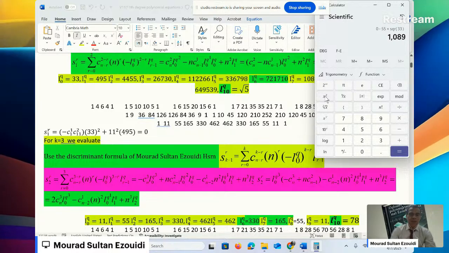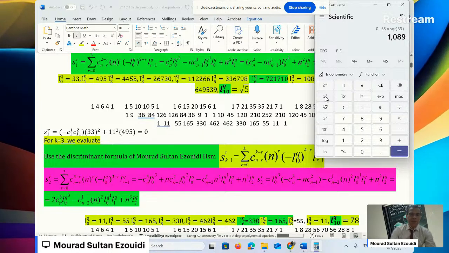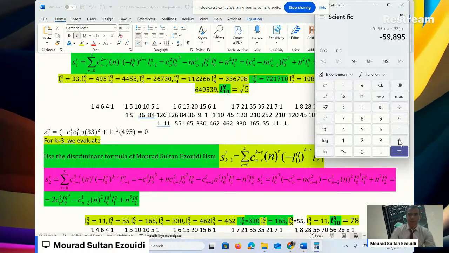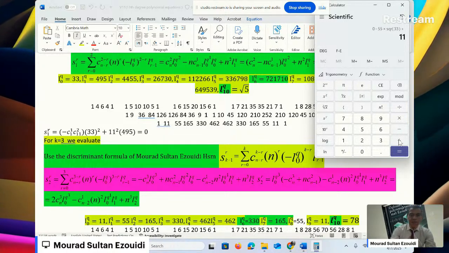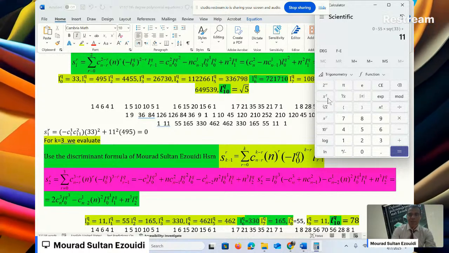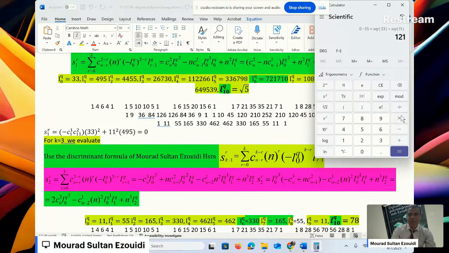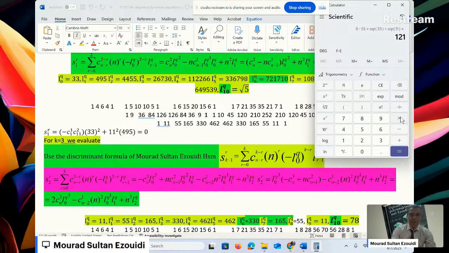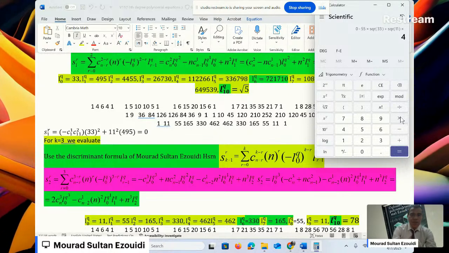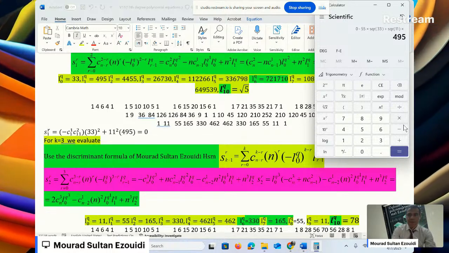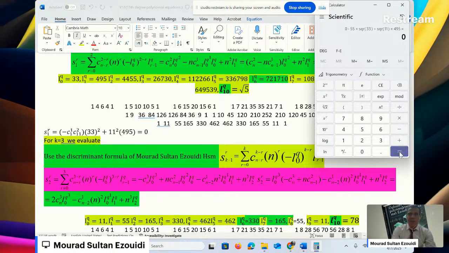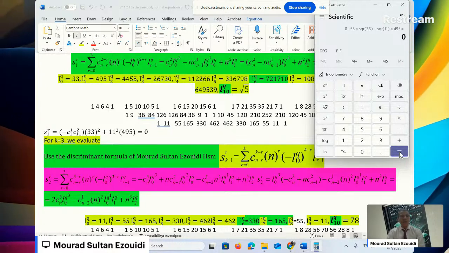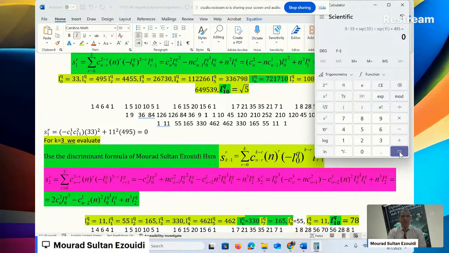Okay, plus 11 squared minus 400 times 495. This one equals 0, you see? So S1 is going to be equal to 0.